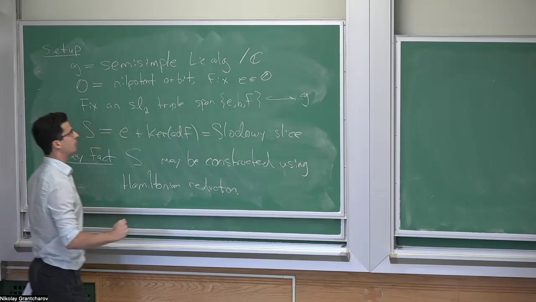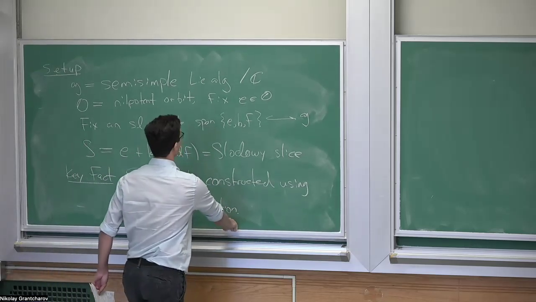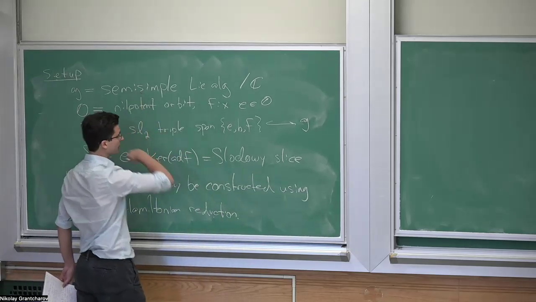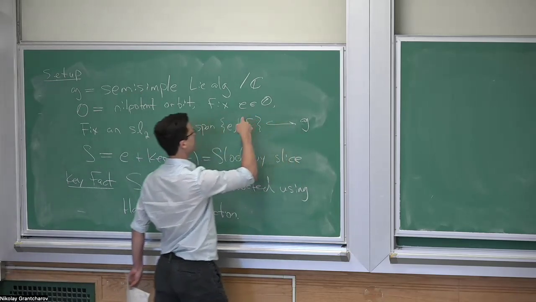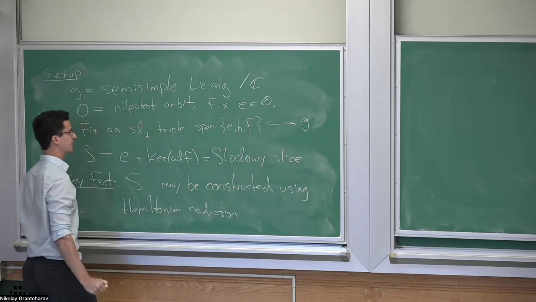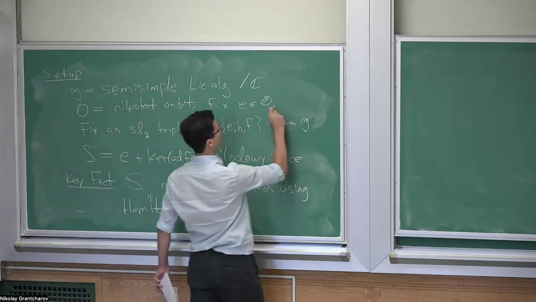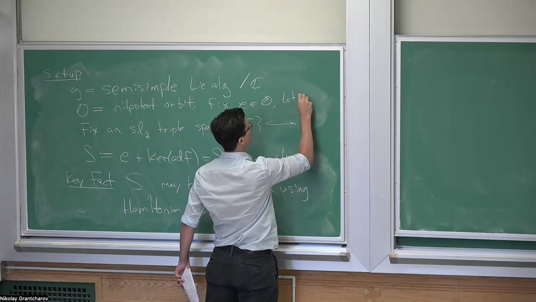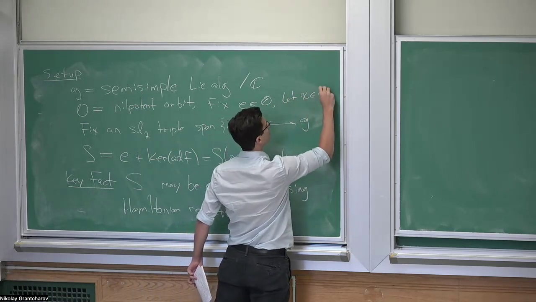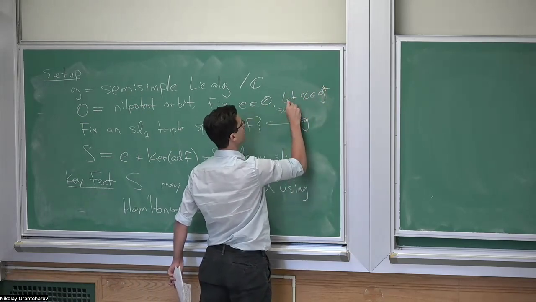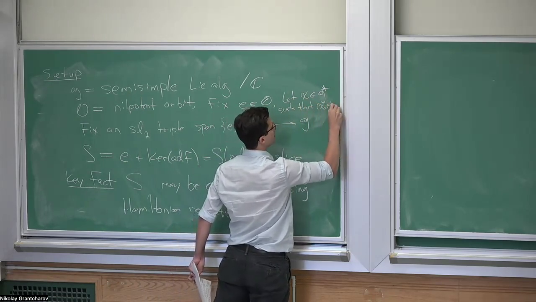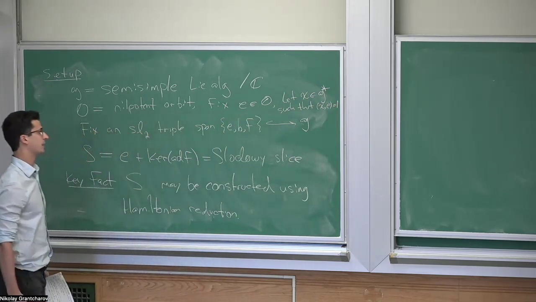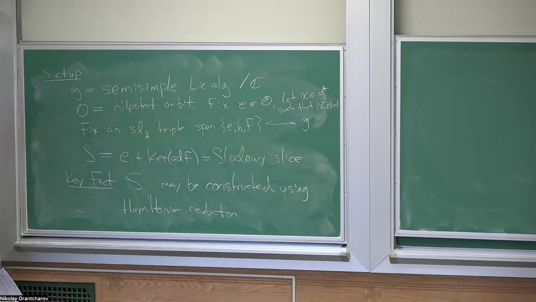And maybe I'll also fix, since we have a semi-simple Lie algebra, I'm going to denote chi, the corresponding dual element to E, so that it pairs with the Killing form with E to 1.